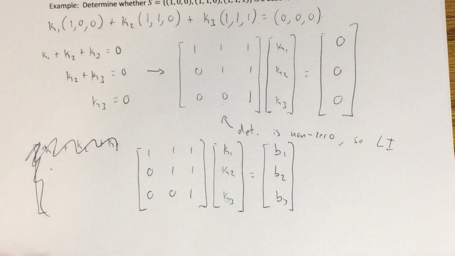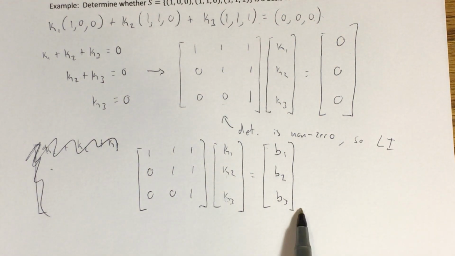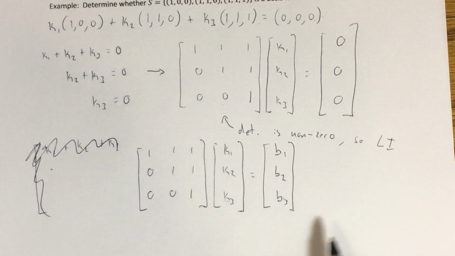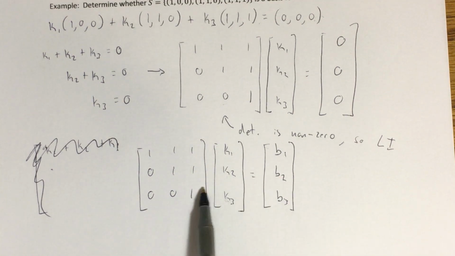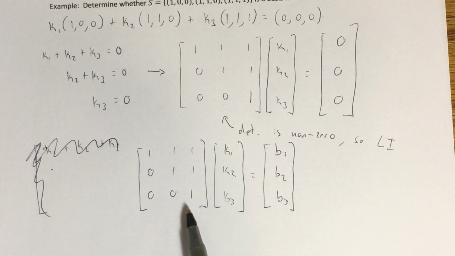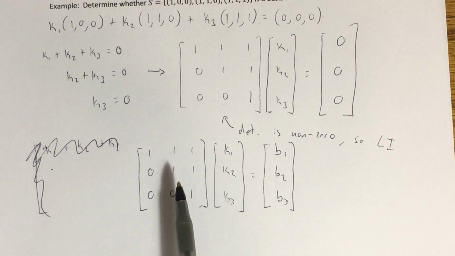But in the language of systems of equations, remember, that's the same thing as saying that this system of equations is consistent for every vector b1, b2, b3. And that is something that also shows up in our equivalence theorem. This system of equations will be consistent for every vector b1, b2, b3 if and only if this coefficient matrix here is invertible.